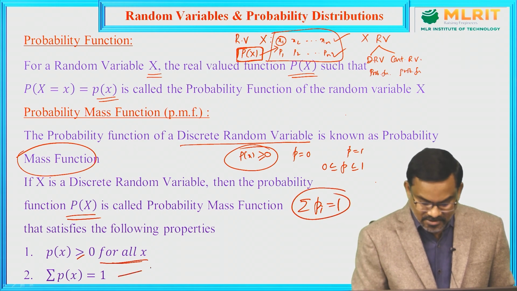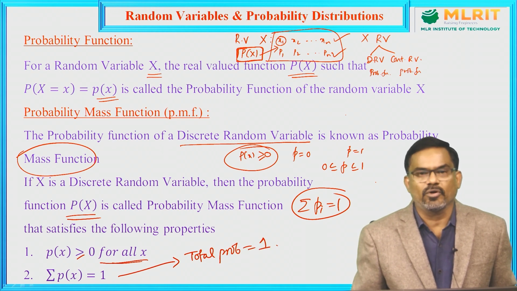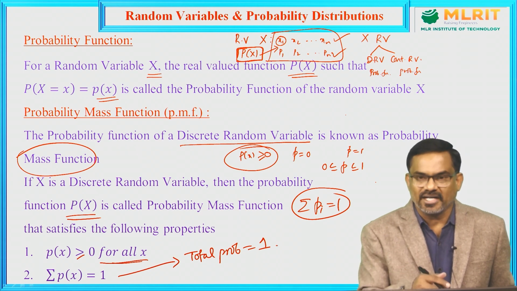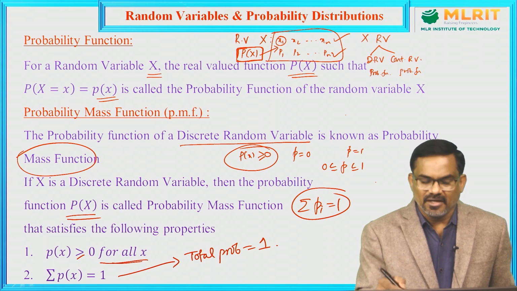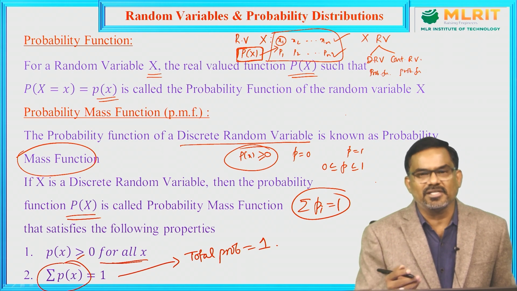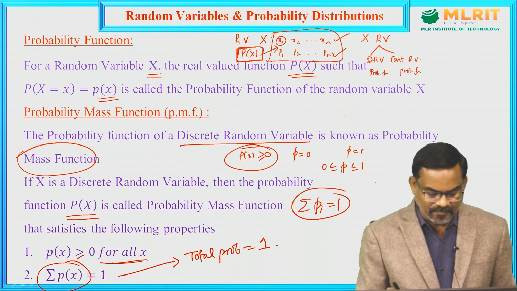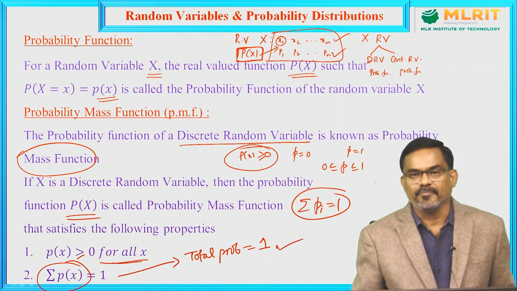That means the total probability is always unity. So, the probability function should satisfy these conditions. Since the random variable is discrete, to find the total probability we use the sigma notation since the number is finite. Hence, P of x is called the probability mass function if capital X is a discrete random variable and P of x is a non-negative value and the total probability is unity.